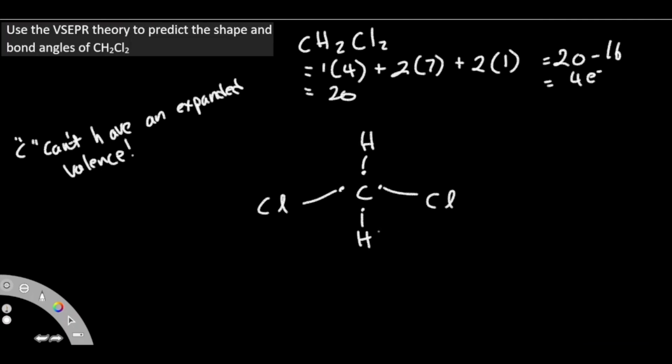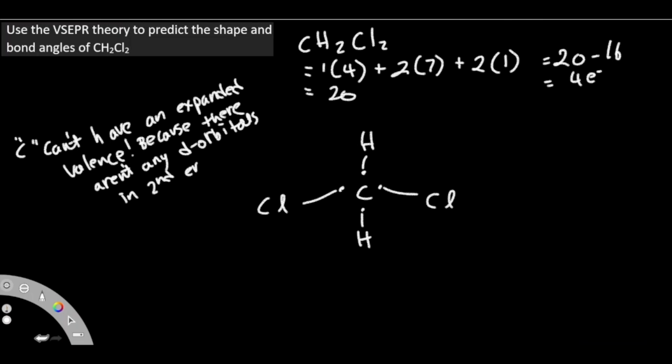So maybe I'll write that here. It can't have an expanded valence because there aren't any d orbitals in the second energy level. Okay?